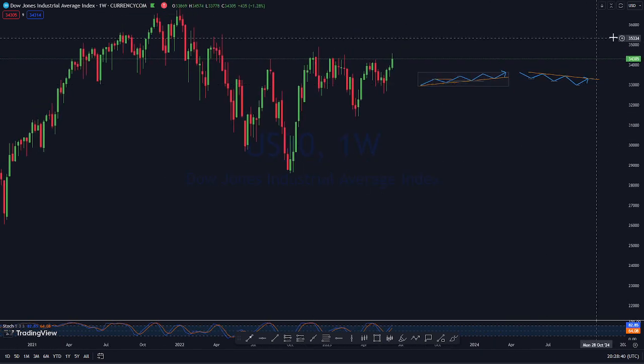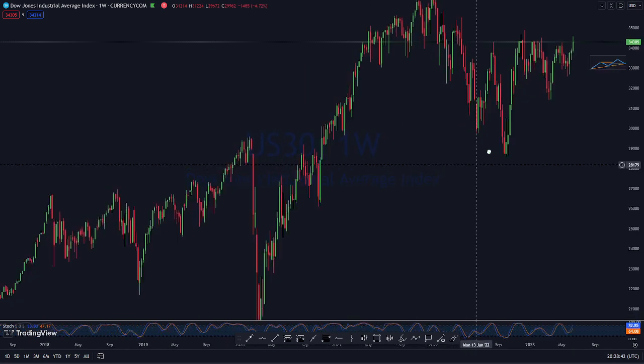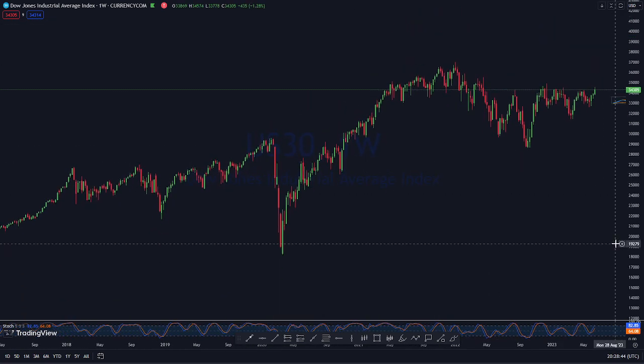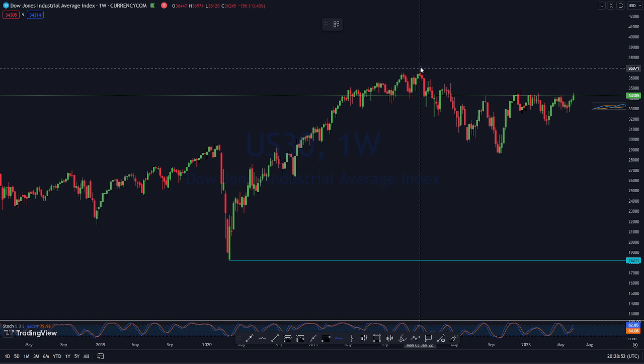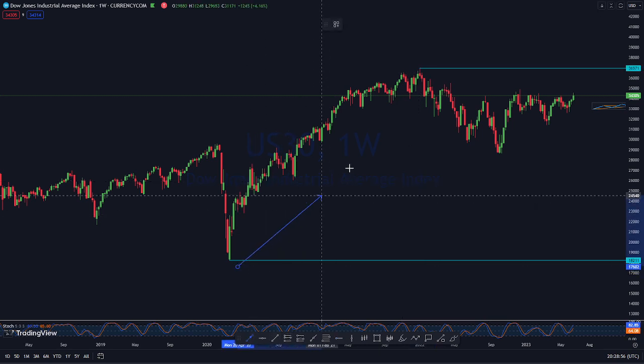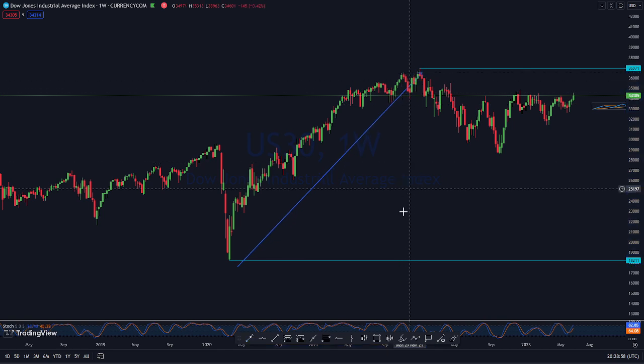Let us look at structure here, from this point to this high. As you can see, structure was bullish, right? Meaning it was creating a series of higher highs and higher lows.